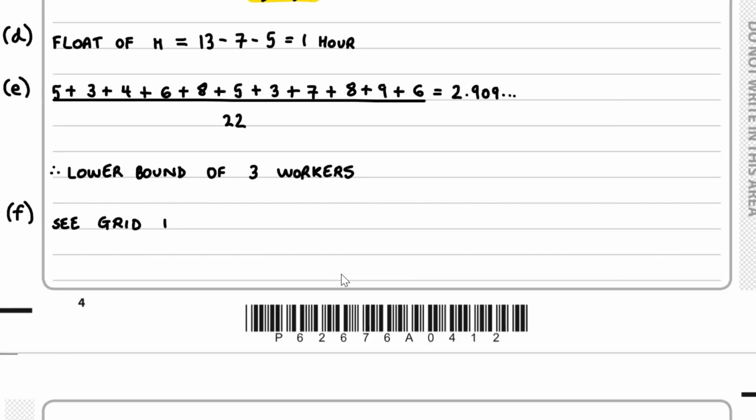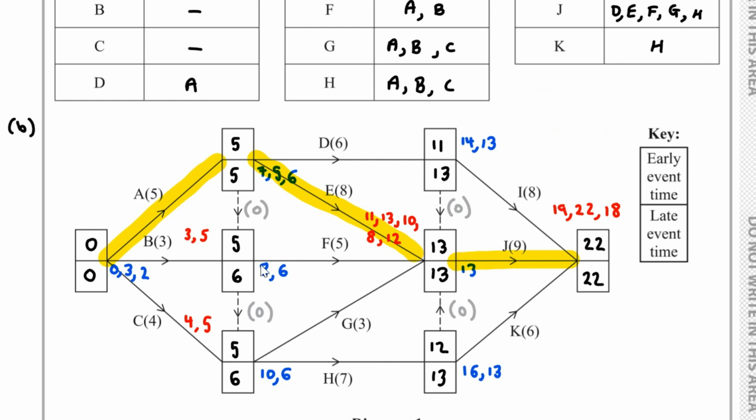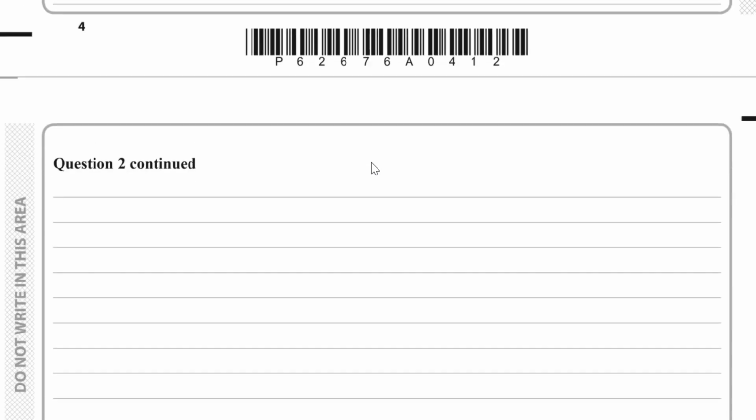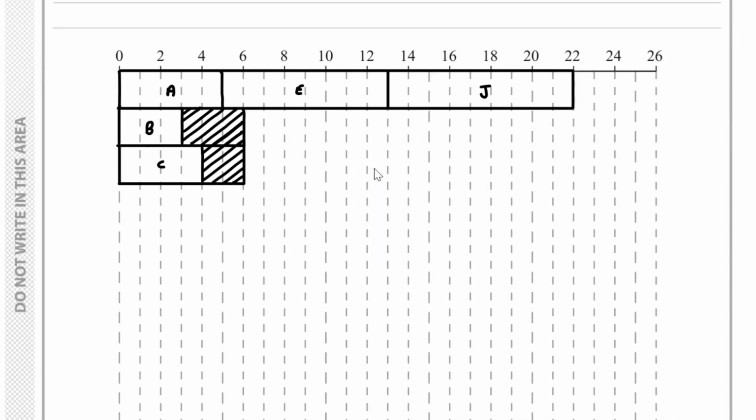So let's now move on to D. That starts at 5, duration 6, late event time is 13. So for D, it starts at 5. Okay, so it starts over here, and then it's got a duration of 6.